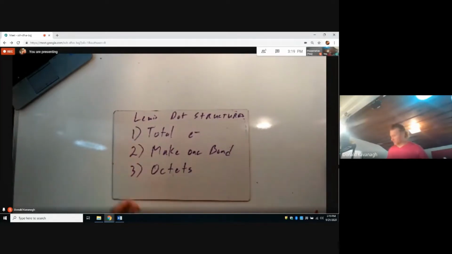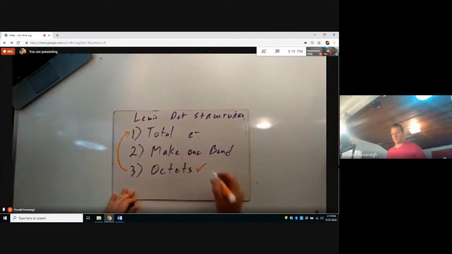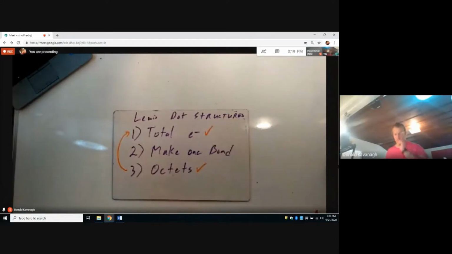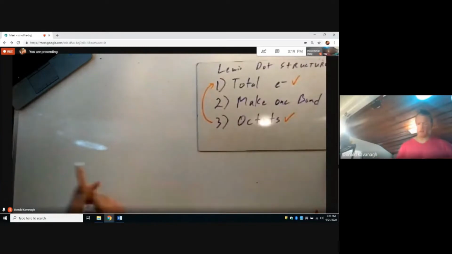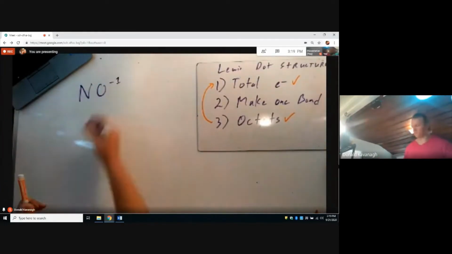These steps need to be cycled through accordingly until every atom has an octet, and the total electron count that we get from step 1 is what is in our picture. Let us begin with a simple molecule like NO, NO with a -1 charge.